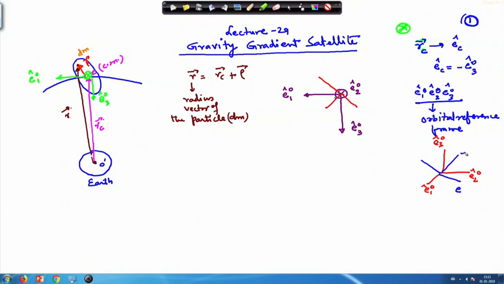Let us name these E cap B 1, E cap B 2 and E cap B 3. This forms a right handed system, meaning the body axis system has already rotated with respect to the orbital axis system.